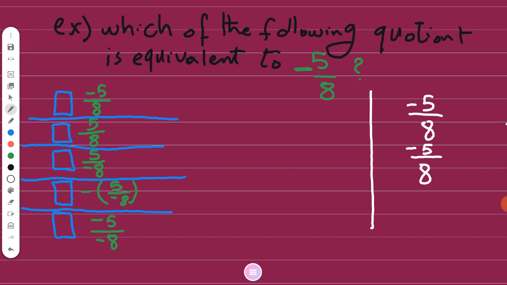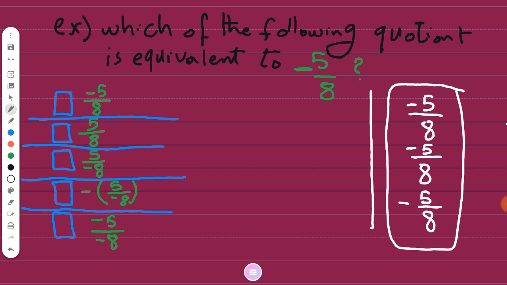I can write the negative sign in the numerator, or in the denominator, or in the middle. All of these are negative numbers. Did you get the point? I can write it also between two brackets like this.